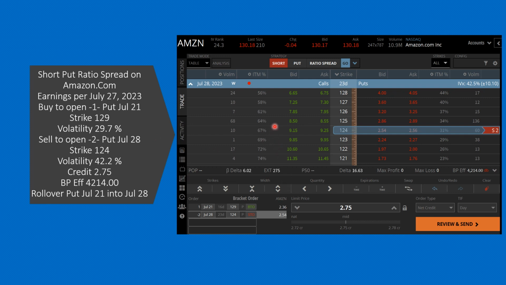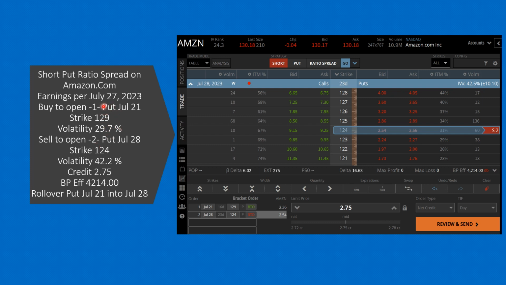Now, when we look into the diagram, what is the loss of Amazon? You can see here it is 124. I get a credit of 275. So Amazon must really go below 124, 122, for us to lose on these put options we have sold in plus. I mean, we have one bought here, sold two.